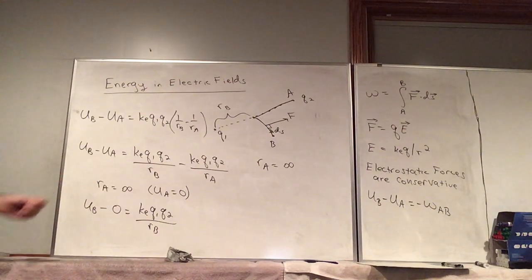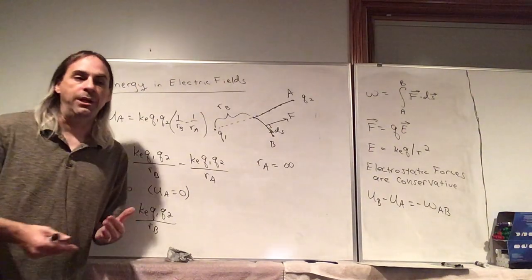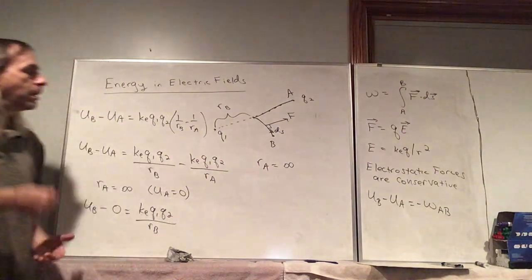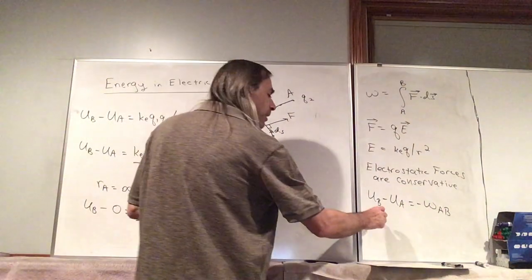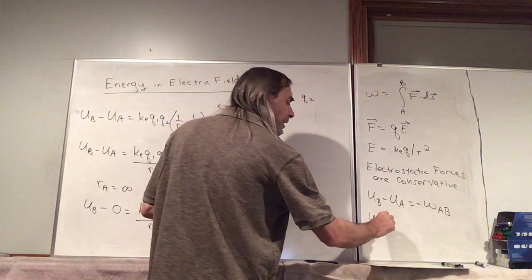So just like we have a reference level for gravity near the surface of the Earth, for electrostatic fields we set our reference level to be infinitely far away, and then the potential energy is just a function of radius.